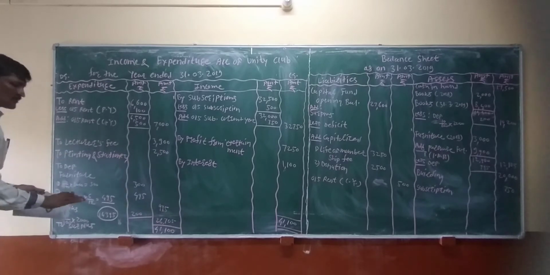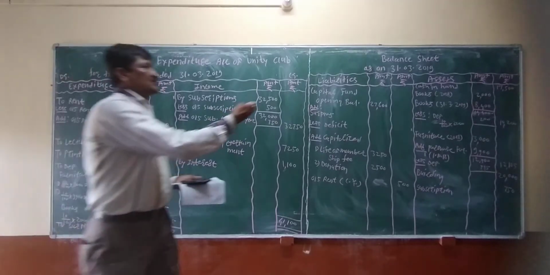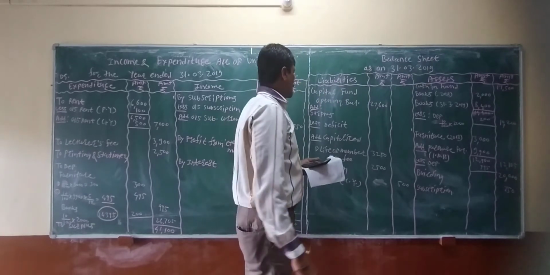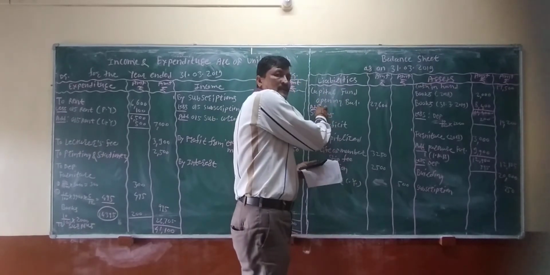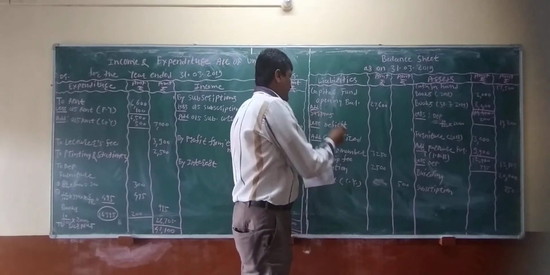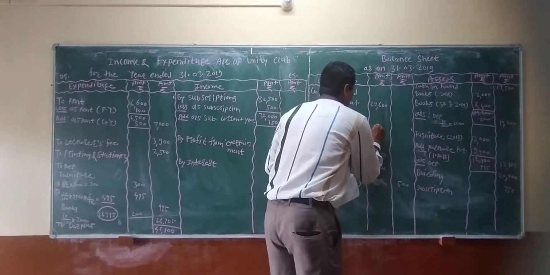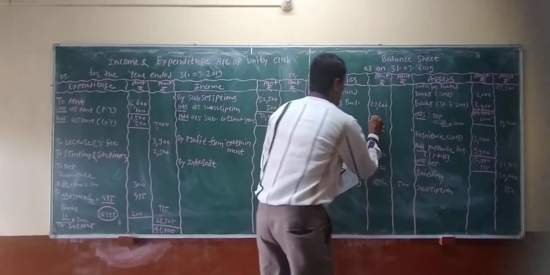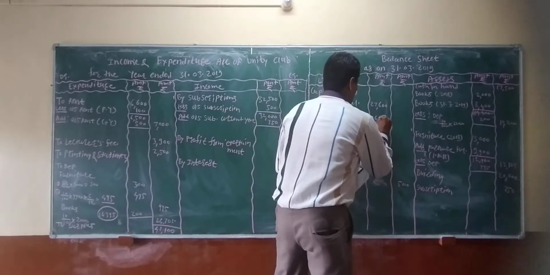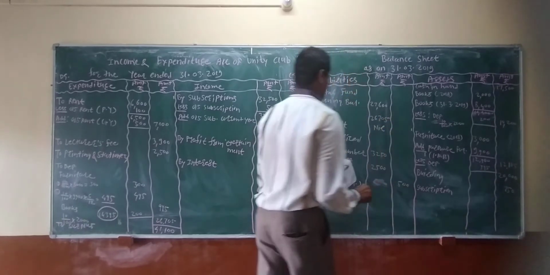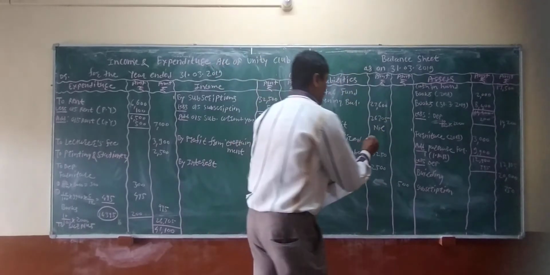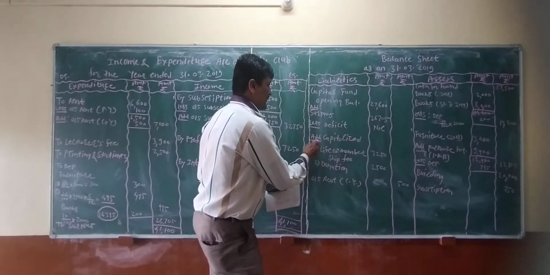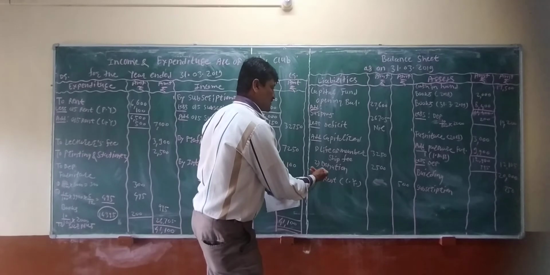The surplus amount you can transfer to the balance sheet, on the liability side. We have already written the opening balance. Add surplus, 26,705. Next, add the capitalized items: life membership and donation.